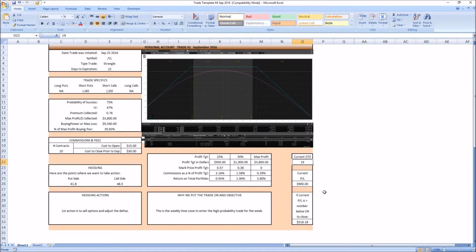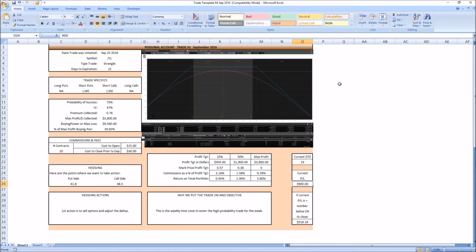Okay, we're doing quite well in this trade based on our linear graph. Our linear graph says at this stage of the trade we should have 518.18 in profits if all is going well. Well, we have 900, so we're way ahead of this. We're dead center of the graph. So I'm not going to take it off just yet. I'm going to wait it out another day or two and see how we go.